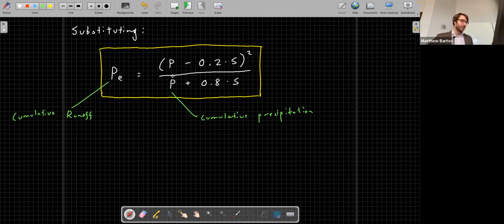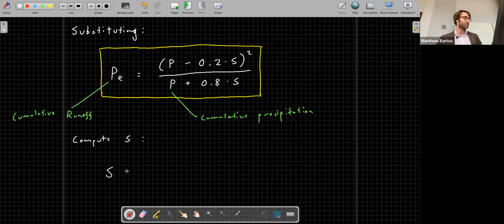Okay. So the last remaining parameter that we need is this value for S here. This is the total storage. You can think of this as the total infiltration capacity available. And this is where what's called a curve number comes in. The SCS method is also sometimes called the curve number method. What we can do is compute S using the curve number.